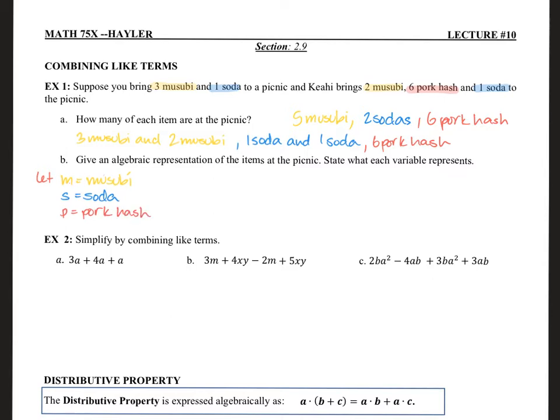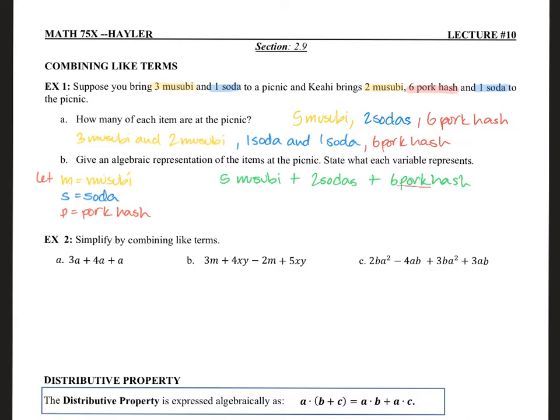Alright, so for my problem, we have 5 musubi. And in algebra and is plus, so 5 musubi and 2 sodas and 6 pork hash. Well, I'm going to go ahead and introduce my variables to the problem.